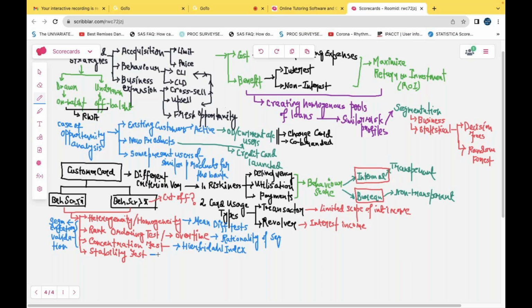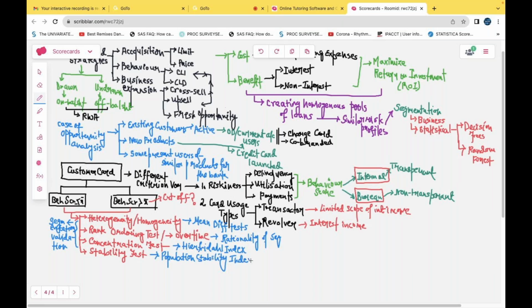The stability test is performed using the population stability index. Now, this is the basic framework for validating a segment which has been created.